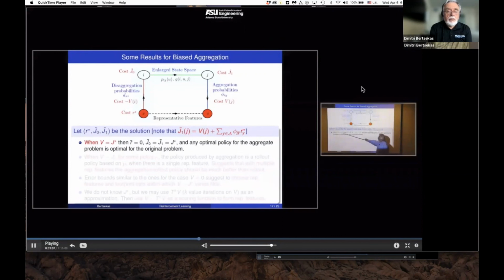If you know J star itself and you stick it in here, you're going to get R star, J tilde 0, and J tilde 1 equal to J star, and the aggregation framework is going to give you the optimal policy for the original problem. So this suggests that if you know a V that's close to J star, the aggregation problem is going to give you a good result.